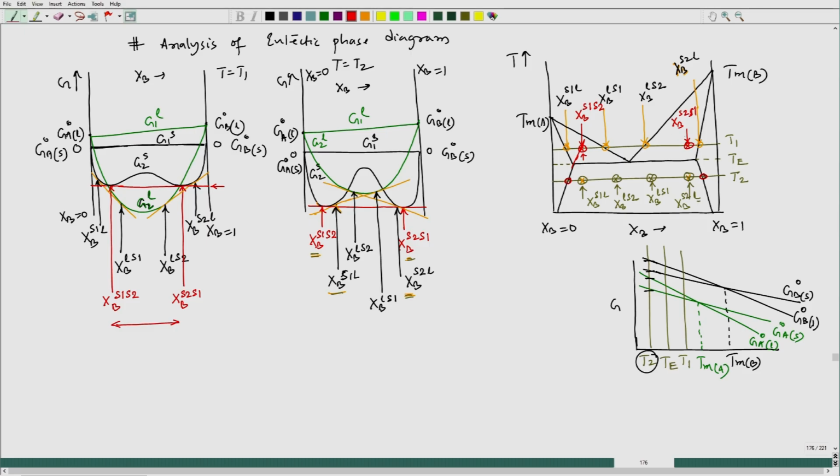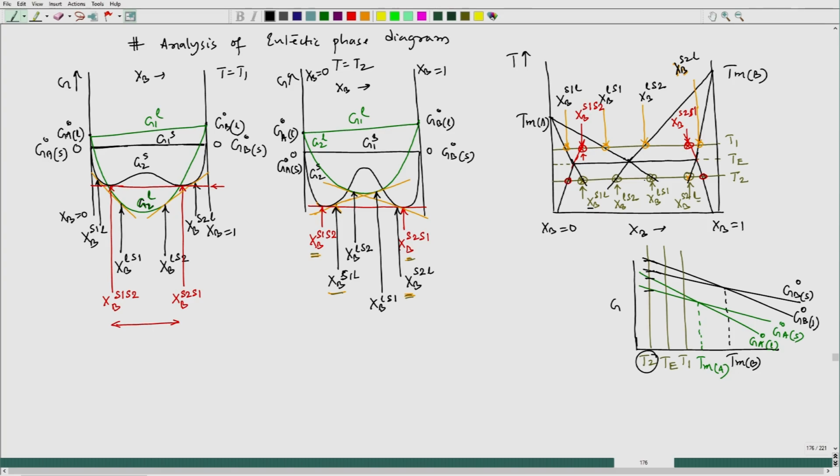And here also this is the same as the S2 compositions, the solvus. Now, if I drag this line, it will go through this, since this is the solidus line, and that solidus line is about the composition of solid 1 in equilibrium with liquid. So, this is also the composition of solid 1 in equilibrium with liquid. So, it should fall on that line. Similarly, following the same logic, it will all be like this.